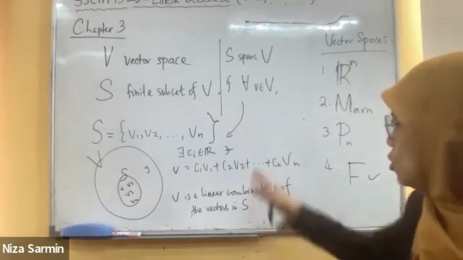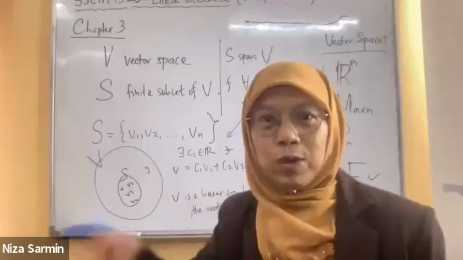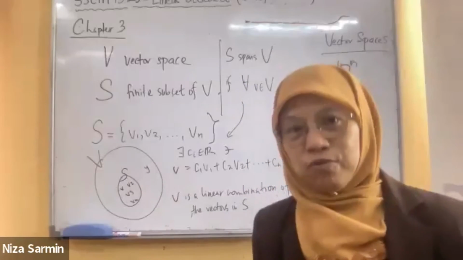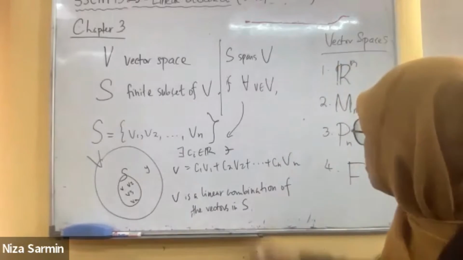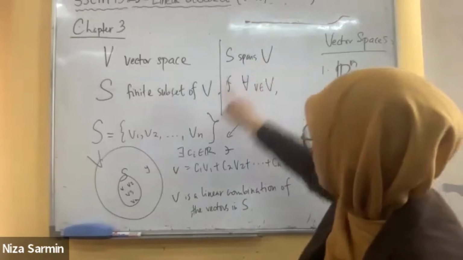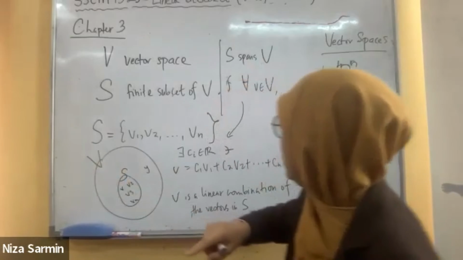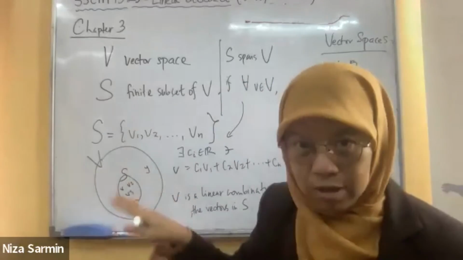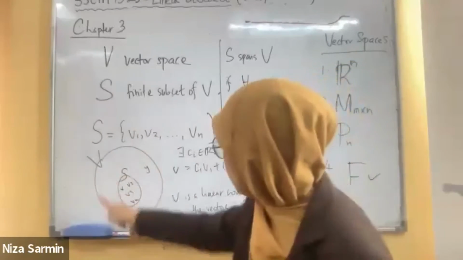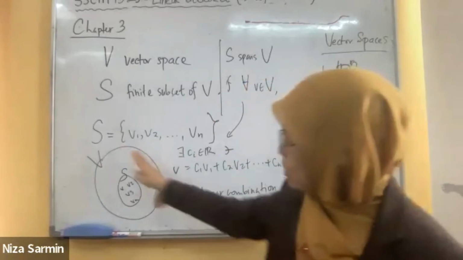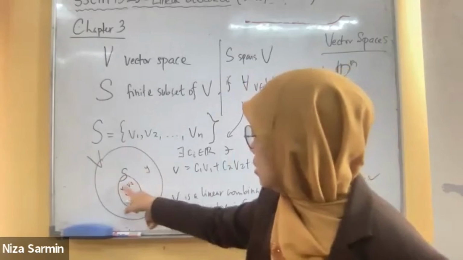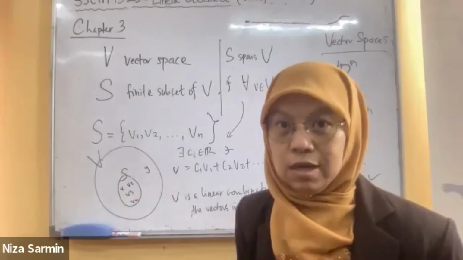Writing down what it means and then solving, that is what you have to do for this session. So S spans the whole V if for all v inside the whole vector space, you can write it as a linear combination of the vectors in S.